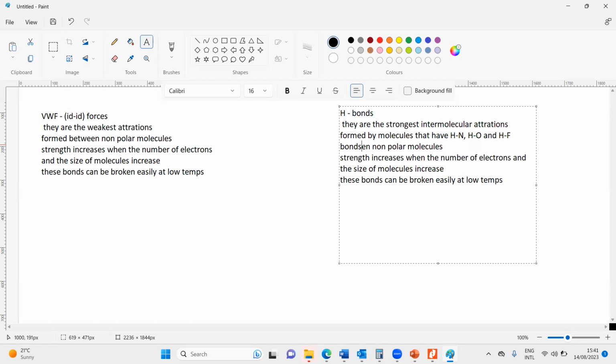If a molecule has hydrogen-nitrogen bonds, hydrogen-oxygen bonds, and hydrogen-fluorine bonds, then they can make hydrogen bonds. And then we say strongest intermolecular attractions.